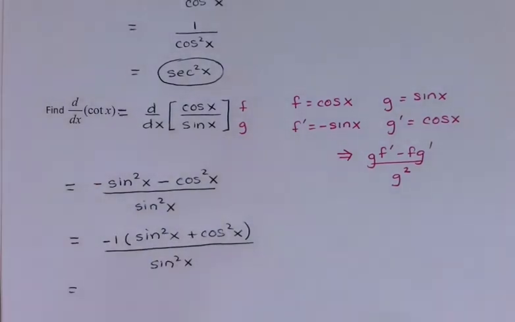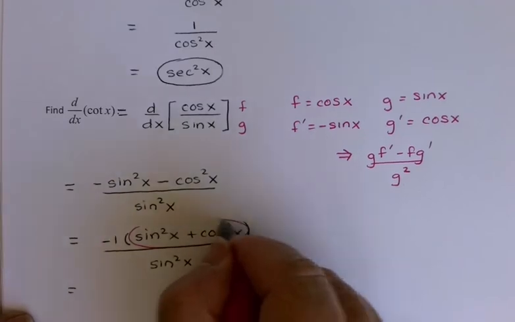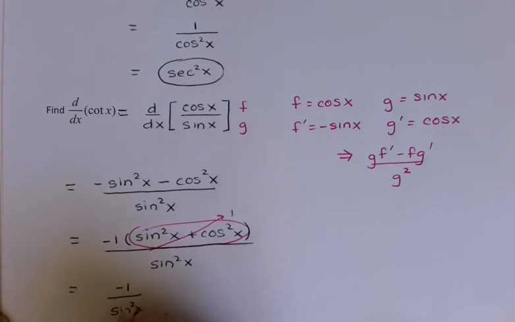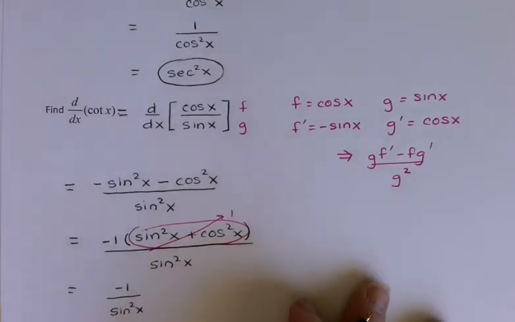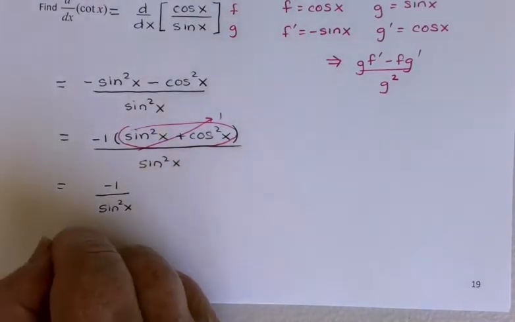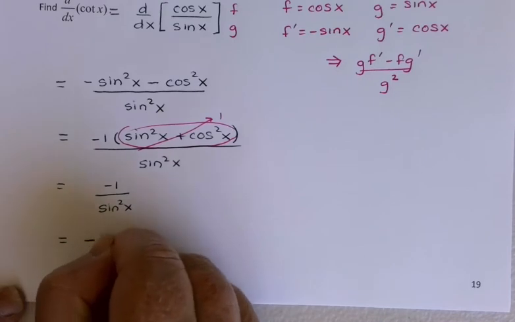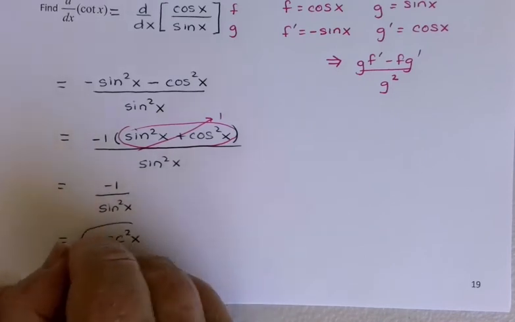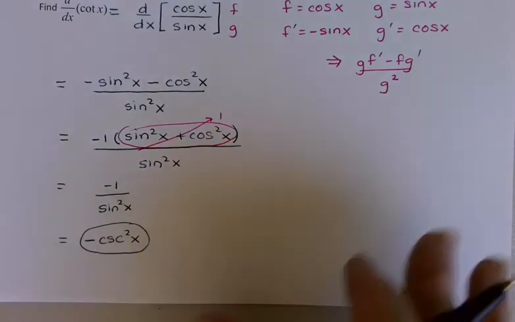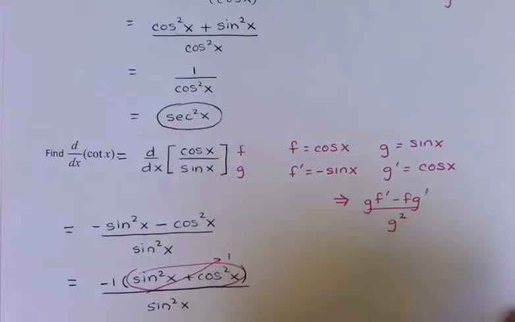So that's really negative 1 times 1 over sine squared x. And again, one more little trig identity. The reciprocal of sine is also known as cosecant. So I could write this as negative cosecant squared x. And again, that's typically the way that you would see it if you were looking at a table showing basic derivatives. So we got 4 of them done: sine, cosine, tangent, and cotangent.